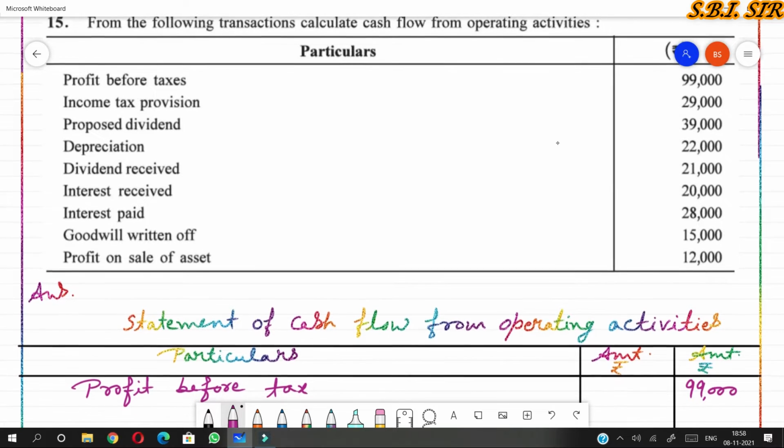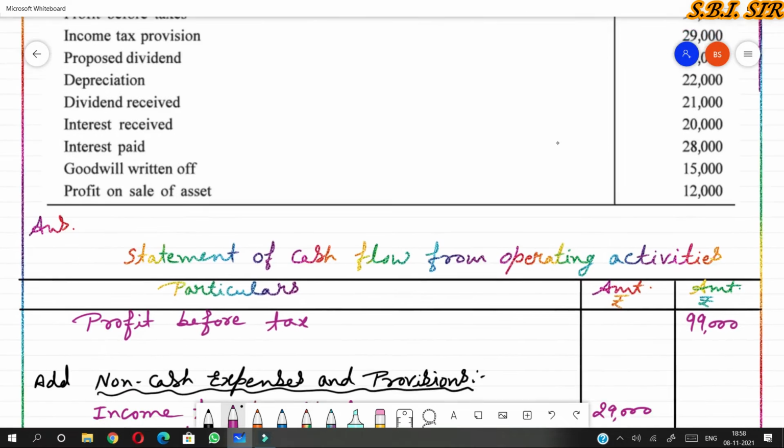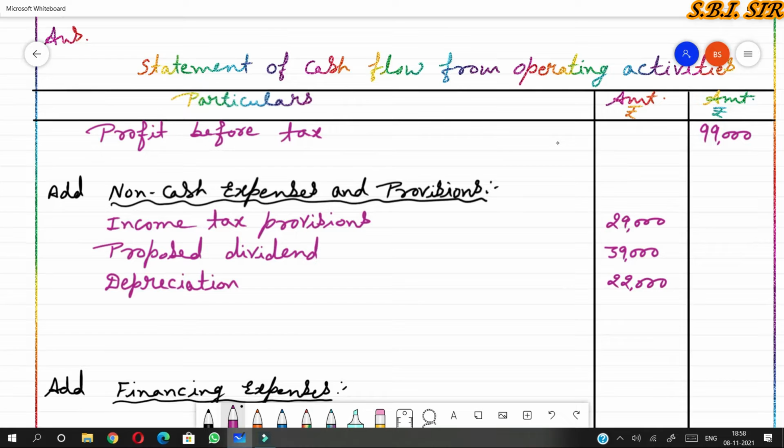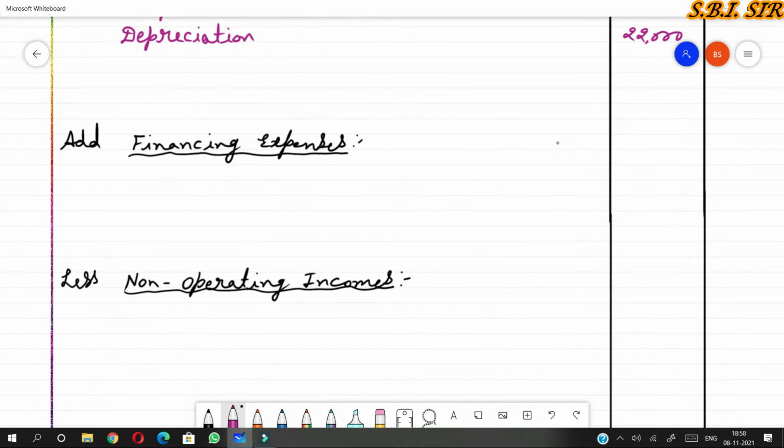Next, dividend received 21,000. Then it is non-operating income. Dividend received 21,000.